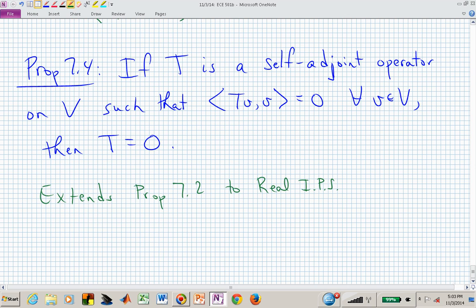So Proposition 7.4 extends Proposition 7.2 to real inner product spaces, but it adds the requirement of T being a self-adjoint operator.